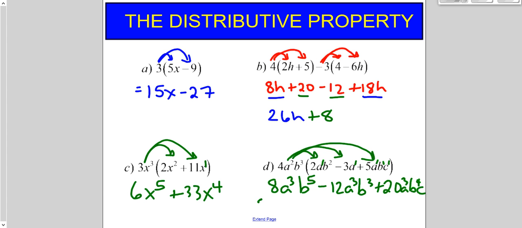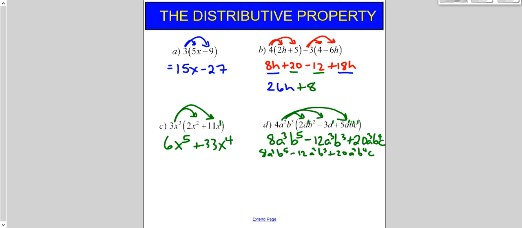So I know it's a little bit scrunched, so let me write it again. So we get 8a cubed b to the 5th minus 12a cubed b cubed plus 20a cubed b to the 4th c. There we go. All right.